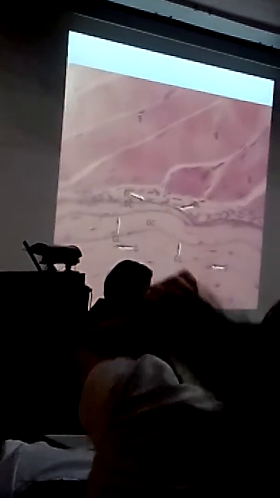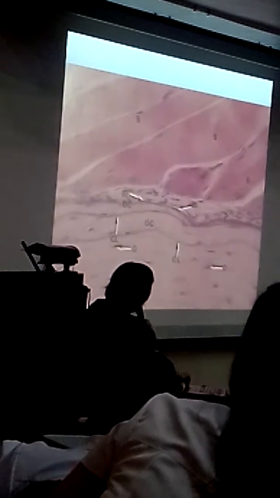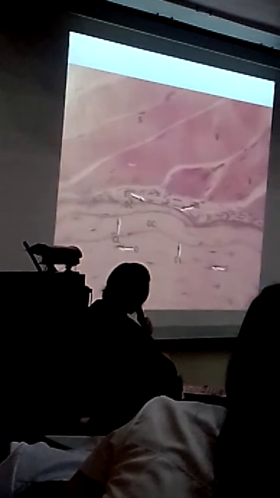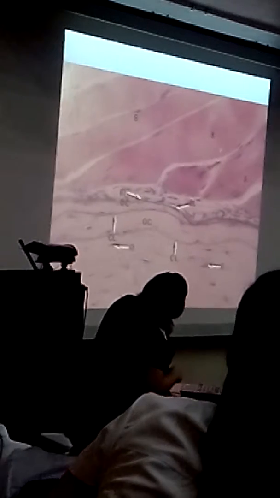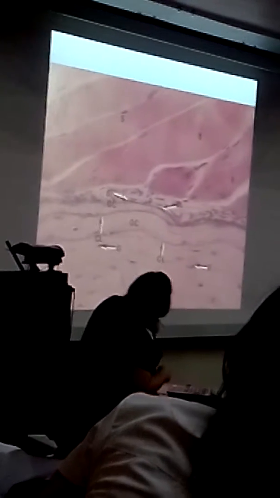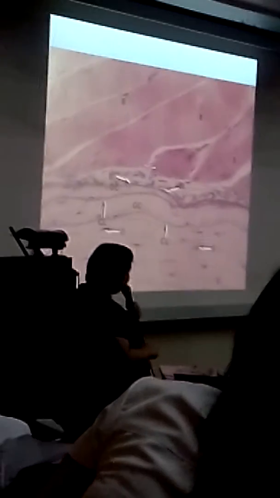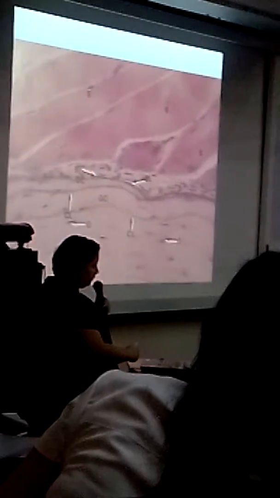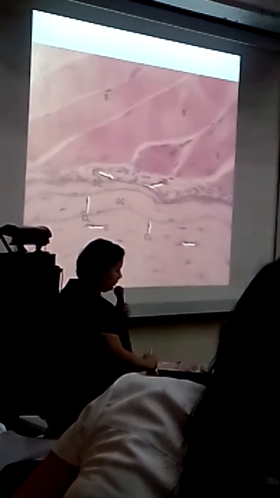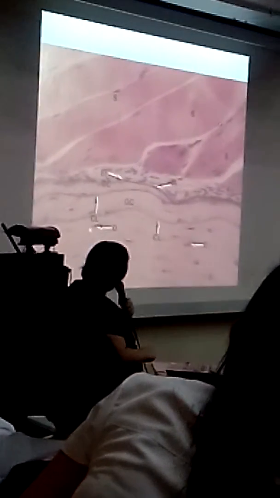Osteogenic layer of the periosteum. These are supposed to be skeletal muscle, although it looks smooth. And then bone lining cells are still there. It looks flattened. And then the osteocytes, of course, are the ones in the middle.